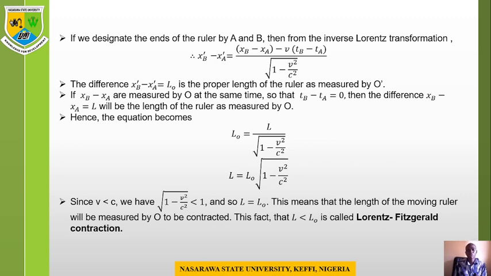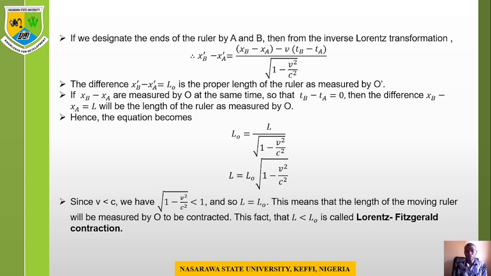Hence the equation becomes, so if we solve mathematically, we have L naught equals to L all over root of 1 minus v square all over c square, talking about the proper length, and then of course the length of the ruler, the other length, which is L.